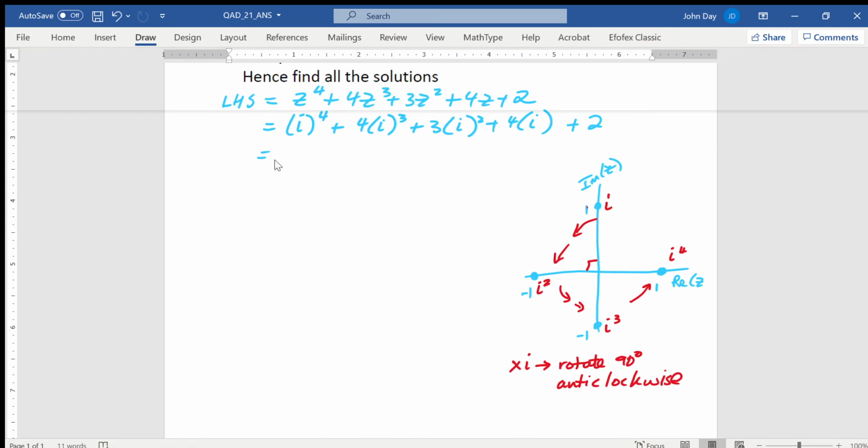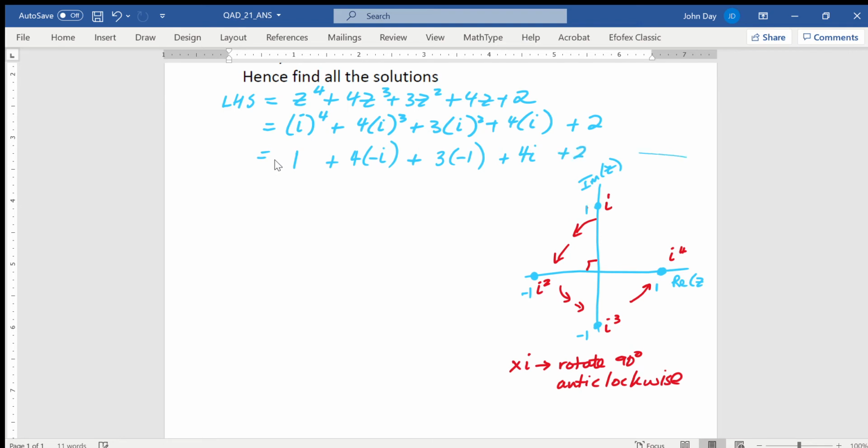So i to the power of 4 is 1. i to the power of 3 is minus i. i to the power of 2 is minus 1. i is, of course, i.